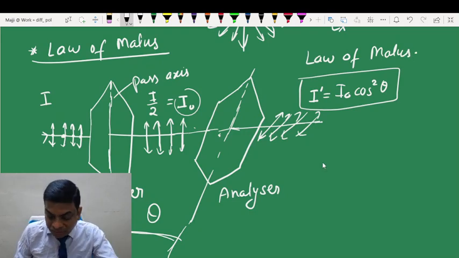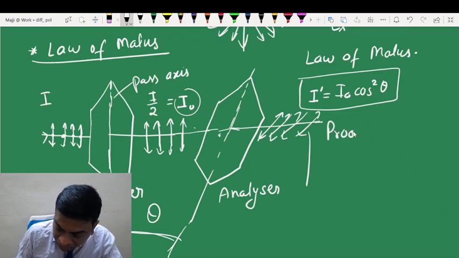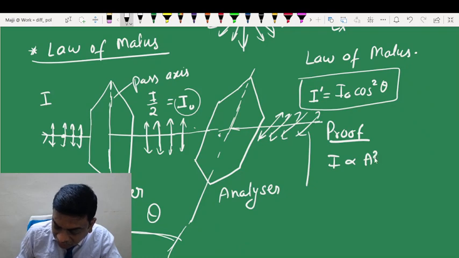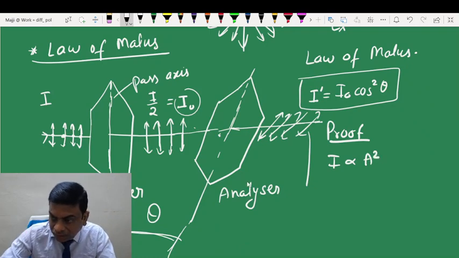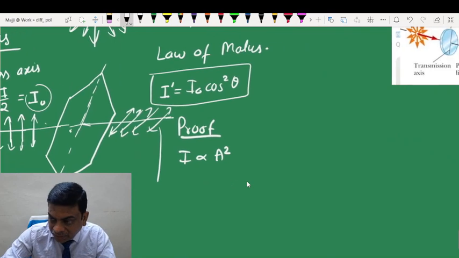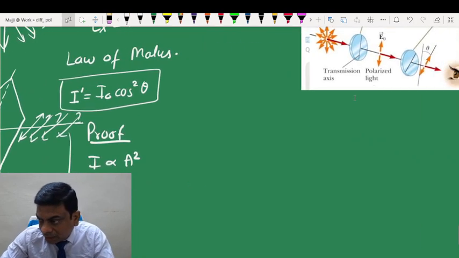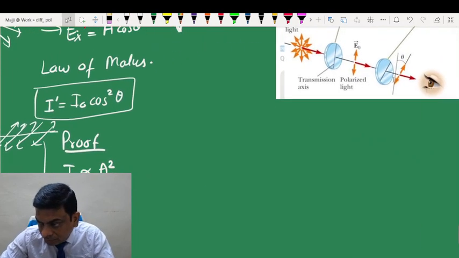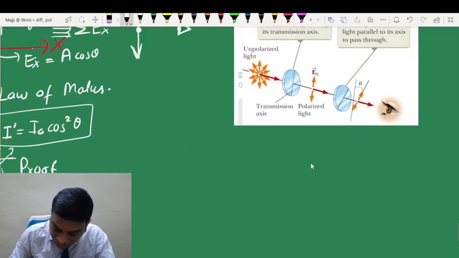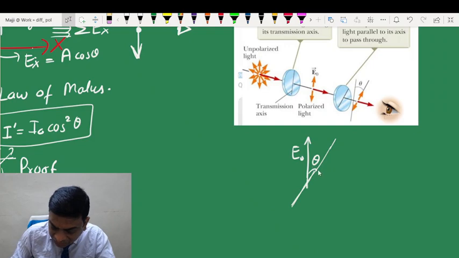So we can prove this very easily, students. We can quickly see the proof. Now you know intensity varies directly as the square of amplitude. So viewing in this way, we can see that here the electric field component is E, or let us say E naught, and it is coming in this way, and the pass axis of the analyzer makes an angle theta.